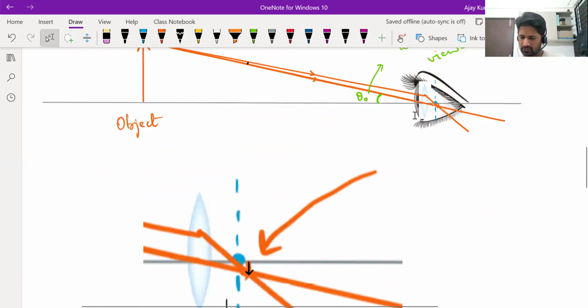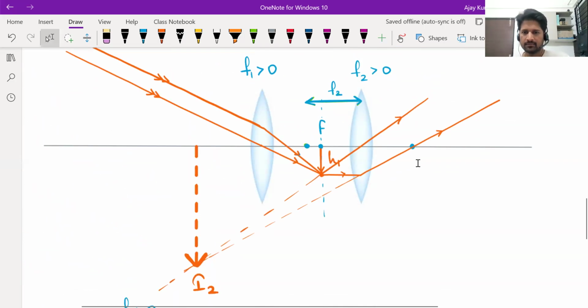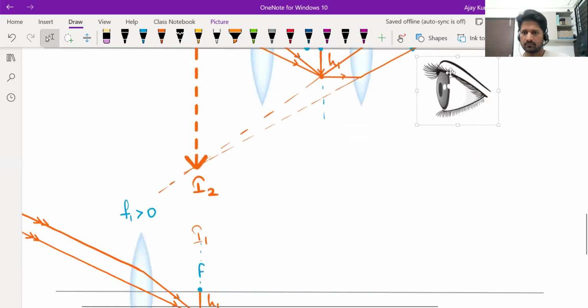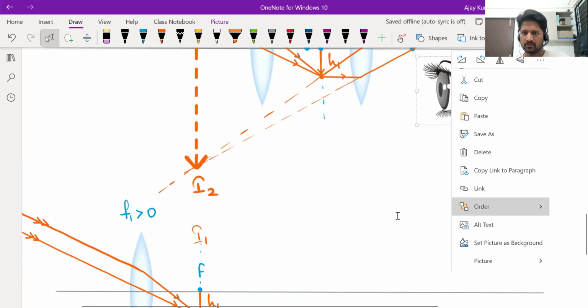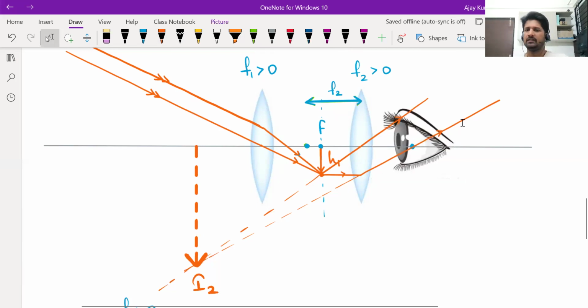So if you have your eye on the right side, the rays will appear to enter into your eye from I2. So that is what the observer will finally see. This is what happens when you see through binoculars or something.